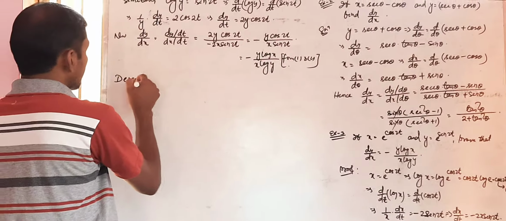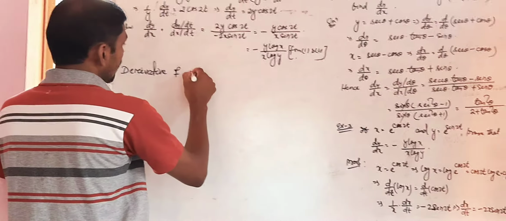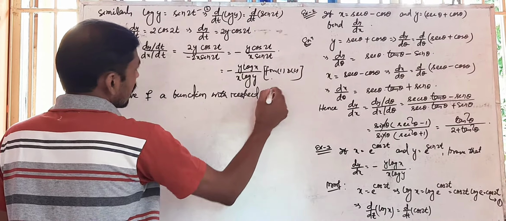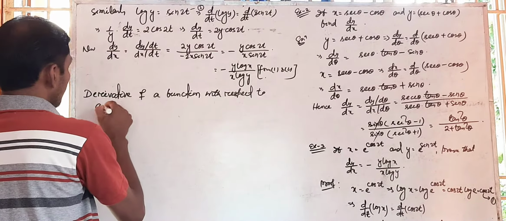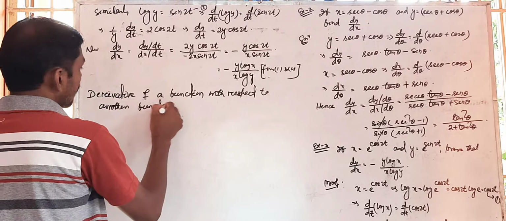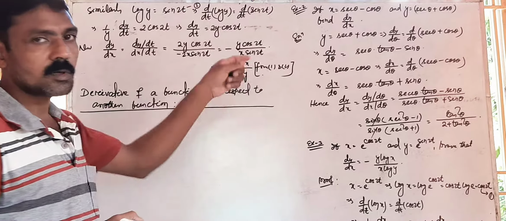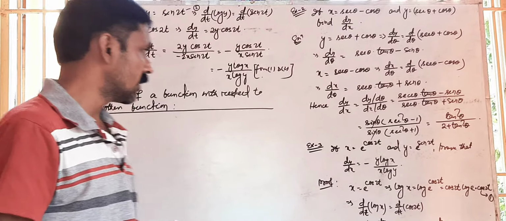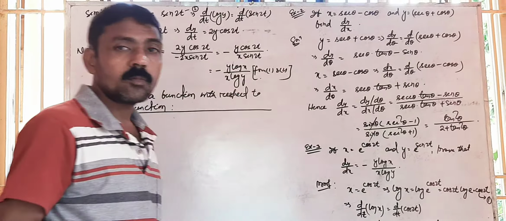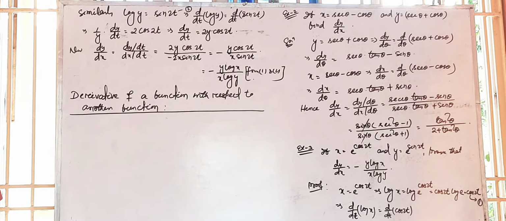Next is the derivative of a function with respect to another function. It is also just like your parametric differentiation. But the difference is that in parametric form both x and y were functions of the same variable and we were finding dy by dx.